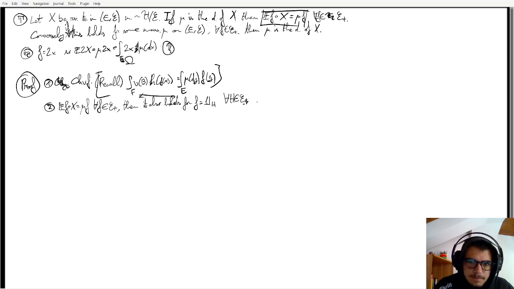And the measure of h is simply a distribution of x.